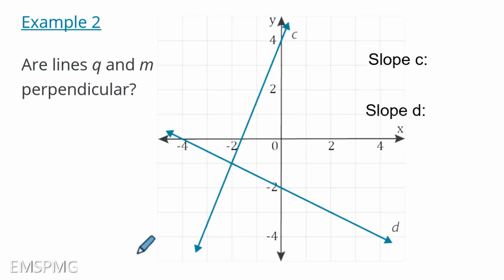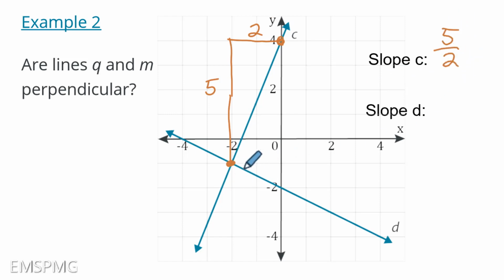Cool, so let's check out one more example where they're not perpendicular. Here we have a coordinate here, and then we have another coordinate right there. So this goes up 1, 2, 3, 4, 5, and then we go over 2. So the slope of C is 5/2.